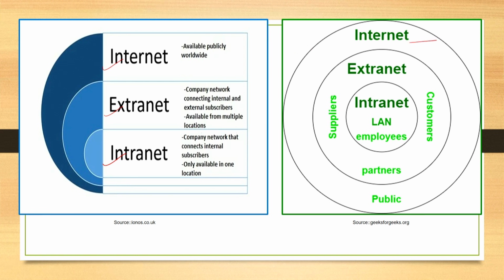Internet is available worldwide, it is a public network you can say, and it is not owned by anyone, whereas extranet is a private network owned by a single or multiple organizations, whereas intranet is owned by an organization where the employees can share data or information among each other.